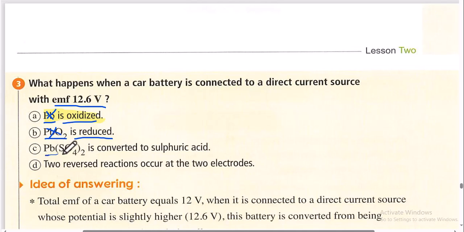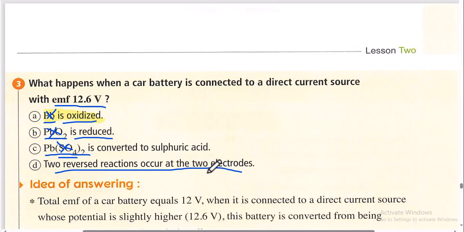Okay, lead 4 sulfate is not in the lead acid battery. It is lead 2 sulfate, not lead 4 sulfate. This is lead 4 sulfate, and it is also wrong. So what really happened? Two reverse reactions occur at the two electrodes. The anode of the galvanic cell changes into the cathode in the electrolytic cell, so the oxidation process changes into a reduction process.